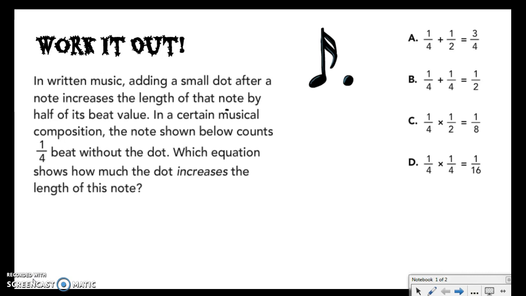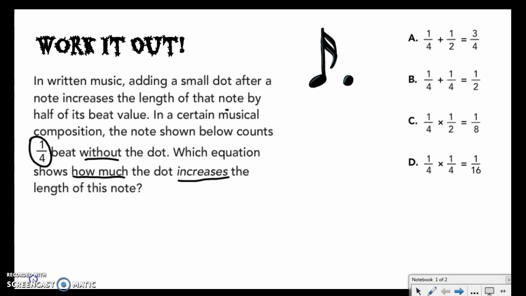Alright, when you're looking at this problem, you see some keywords in there that let you know what you're looking for. You know that the beat is 1/4 without the dot. More important information is that the question is asking which equation shows how much the dot increases, not how long it holds itself at the end.